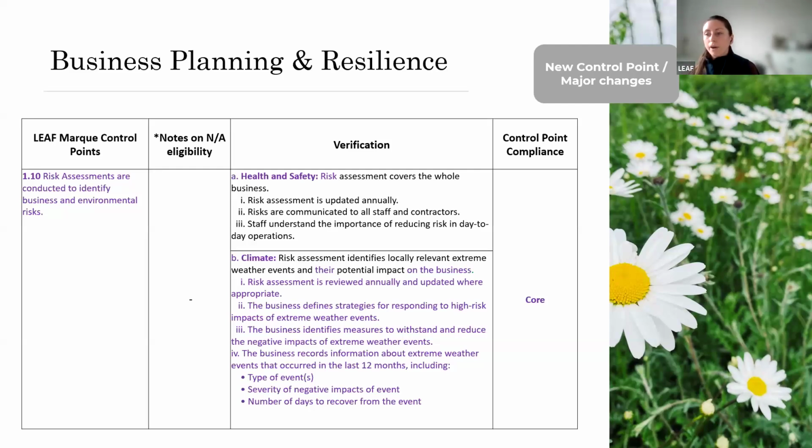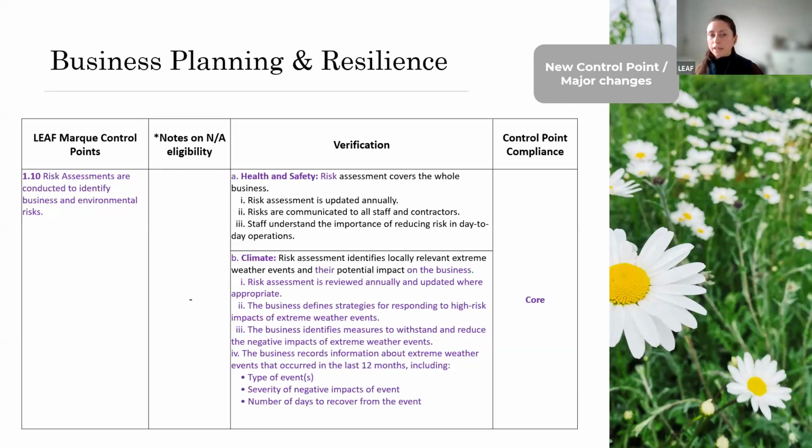And then thinking about identifying measures that will help the business to endure or withstand those events and potentially reduce the negative impacts. And then thinking about what those highest risk impacts are and focusing on those first to see how those can be mitigated in the first instance.